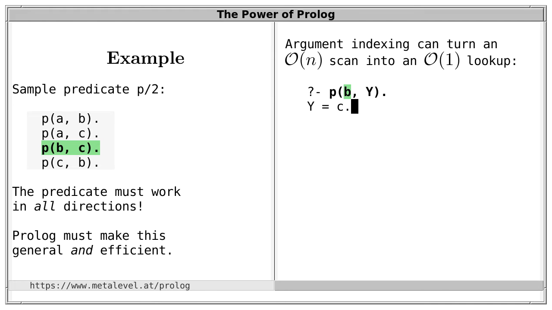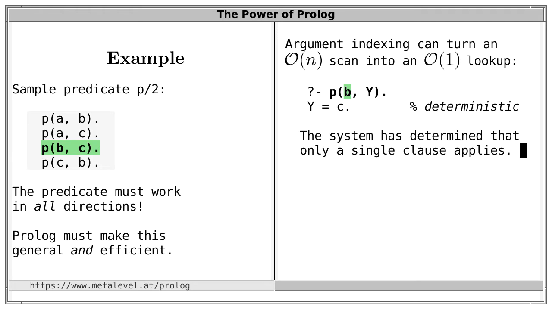And moreover, we see from the answer that there is no other solution, because no choice point remains. And when a query succeeds without leaving a choice point, then we say that the query succeeds deterministically, or that this is deterministic success.